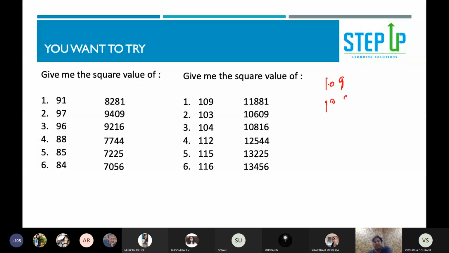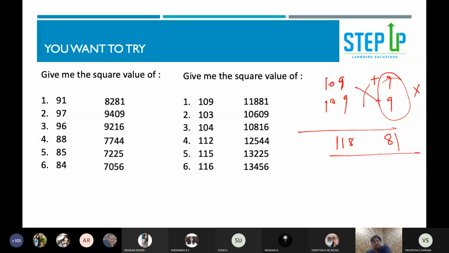We cross add it. It comes out to be 118. And 9 into 9 is 81. My answer comes out to be 11881. Is it clear now? Yes, sir. Thank you. Perfect.